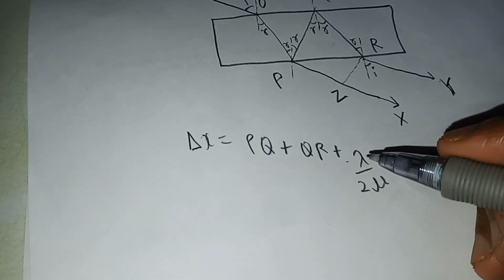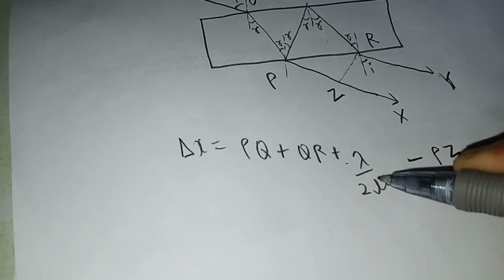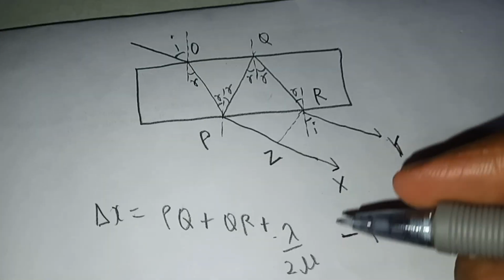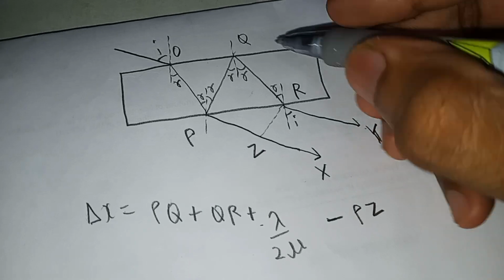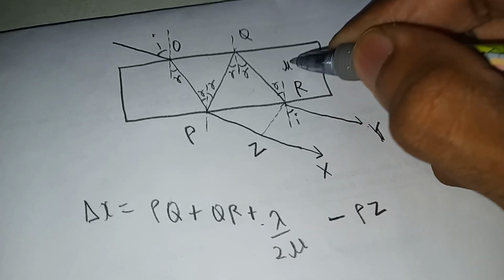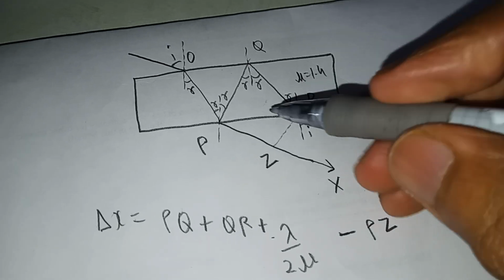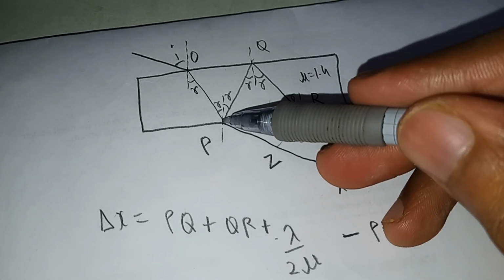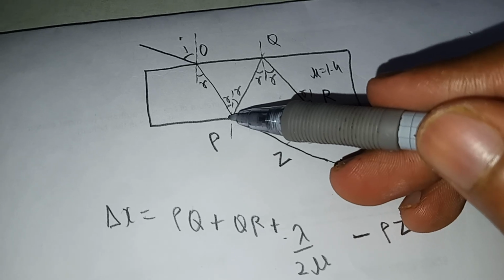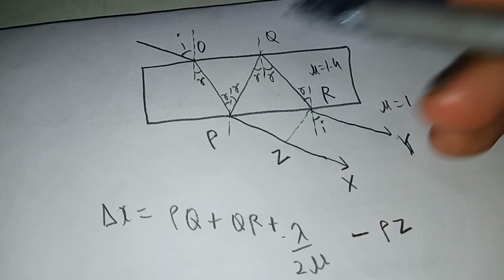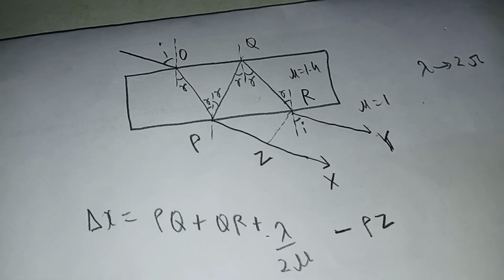Now you may ask why I wrote here lambda by 2 mu. So basically you know that this is a denser medium and this is a rarer medium, and when the light ray is reflecting at point P, it will undergo a phase change of pi and lambda corresponds to 2 pi.